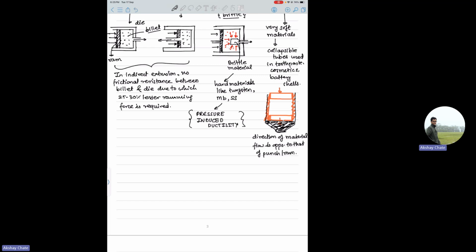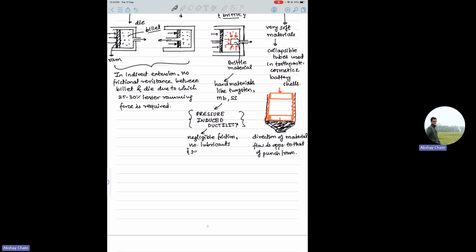As you can see, there is no frictional resistance here because there is no solid-to-solid contact. Negligible frictional resistance is also one characteristic, and it does not require any lubricants, because the liquid itself acts as the lubricant.